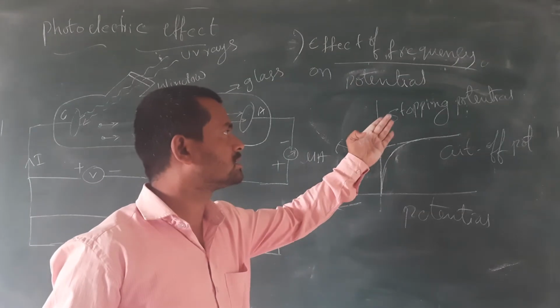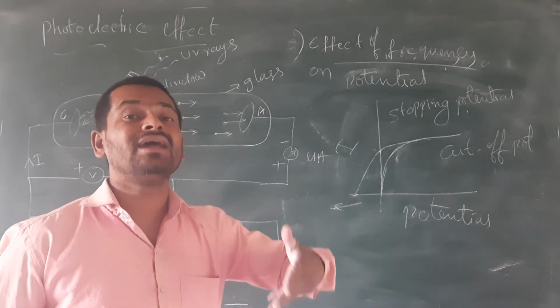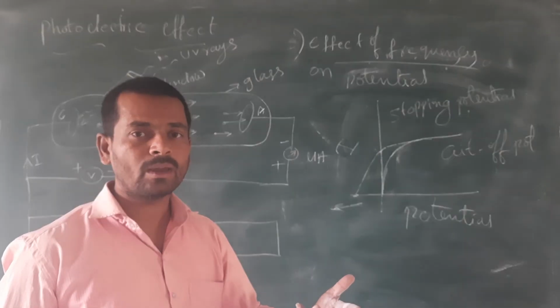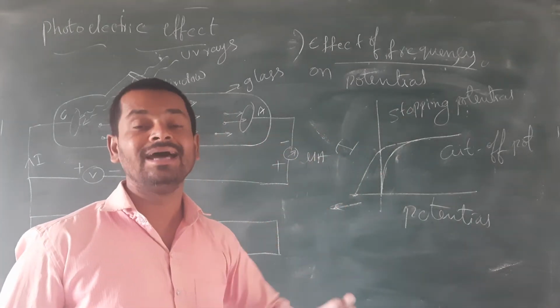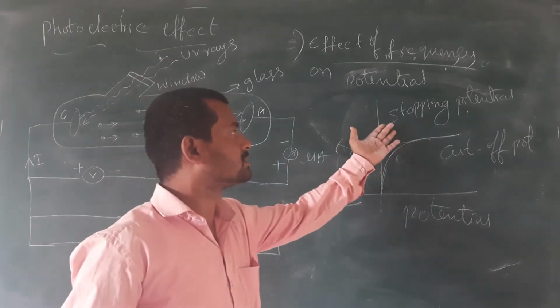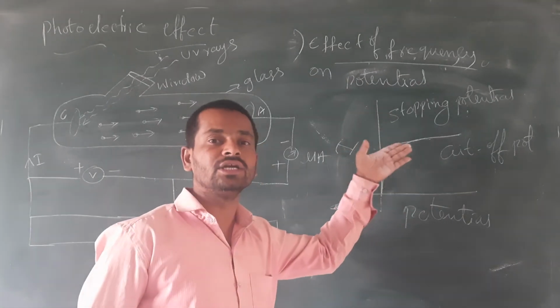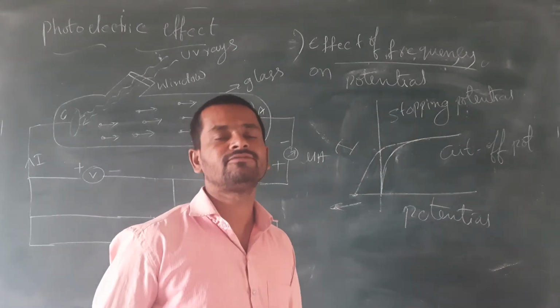Or we can define it like this: at which negative potential the current becomes zero, that negative potential is called stopping potential or cut off potential.